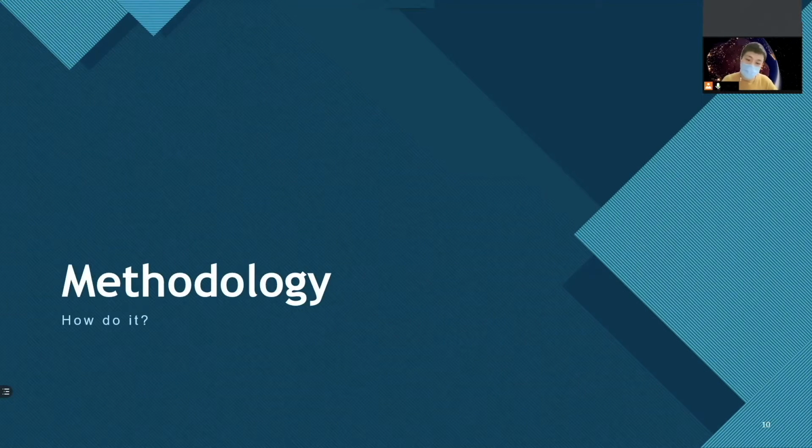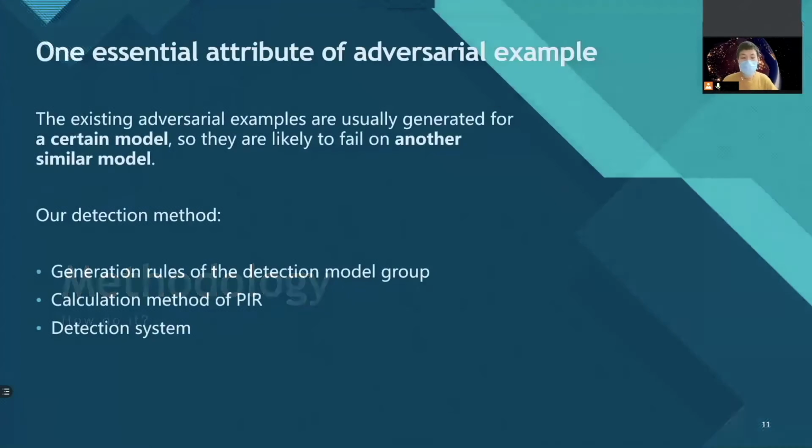Then I will share with you our methodology. In response to the above challenges, we propose a detection method based on one essential attribute of adversarial examples. It is that existing adversarial examples are usually generated for a certain model, and even if affected by transferability, adversarial examples are likely to fail on another similar model.